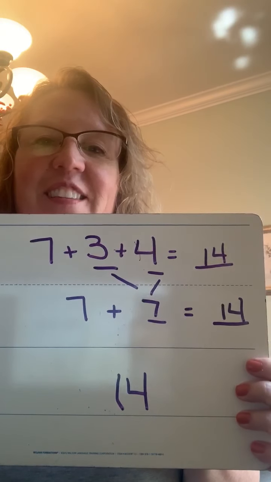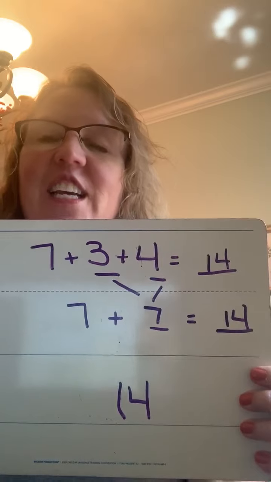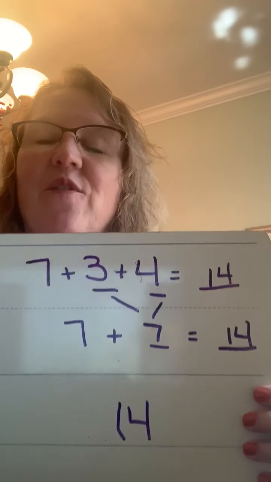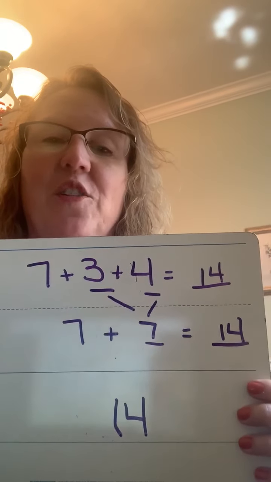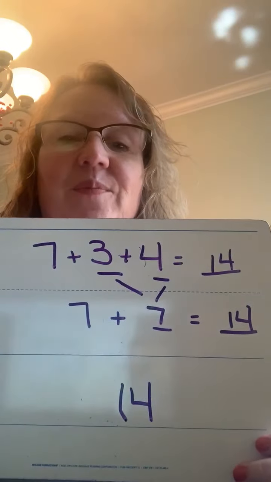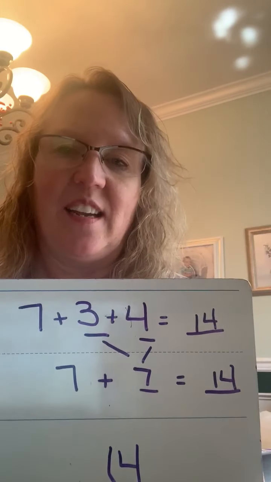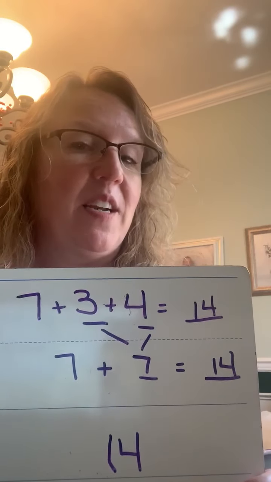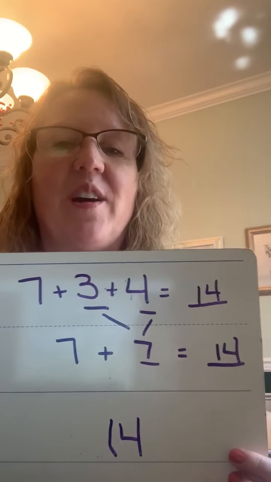Cool. That is really good. So you want to look for ways to make a 10. Or there might be a way you could do a double. I like to make 10s, but you might like to make doubles. We're going to do it both ways.